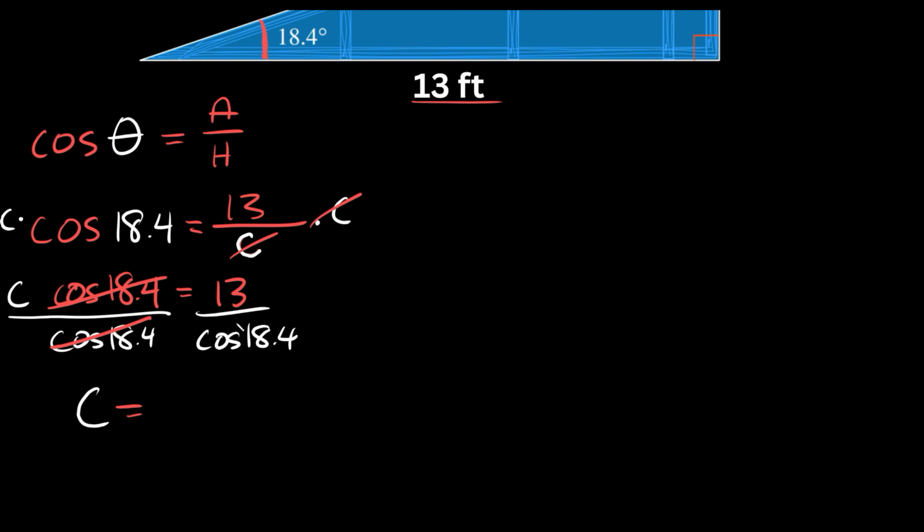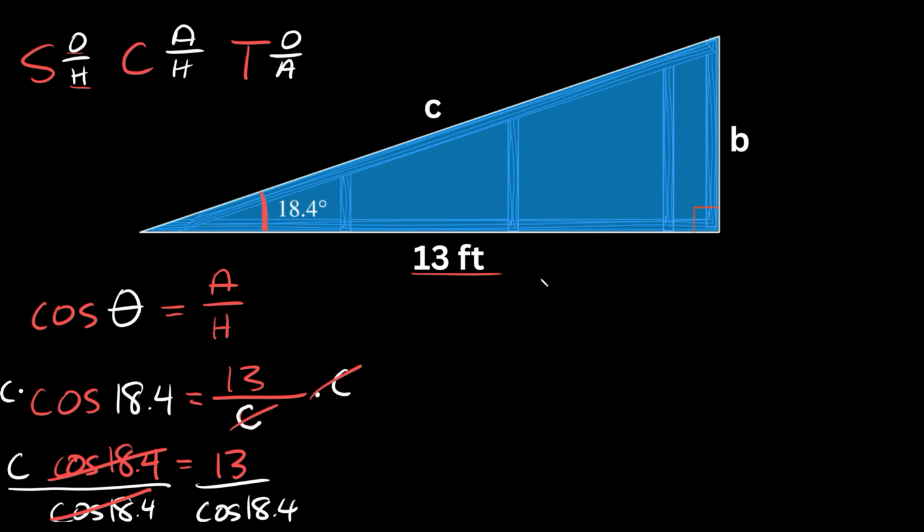And if you plug that into your calculator, you'll get that this is approximately 13.7, and our units, don't forget, are feet. All right, so this is the length of C, the hypotenuse. So let's plug that in right here. So we know what C is now. It's approximately 13.7 feet, all right?